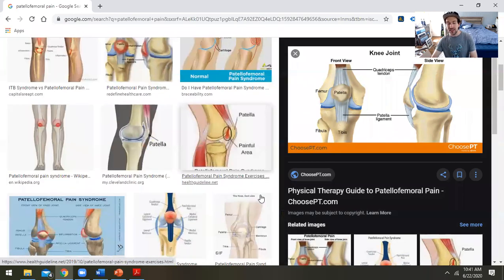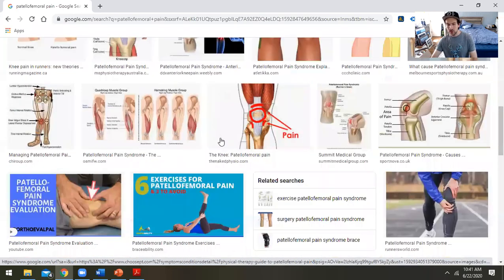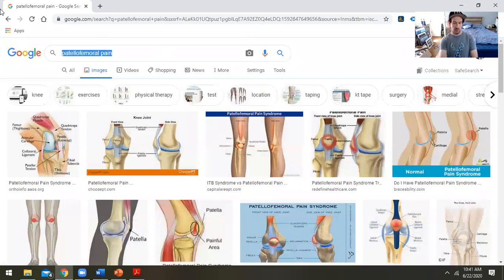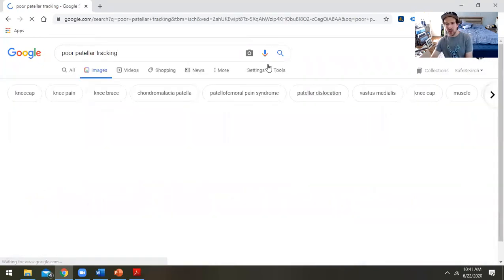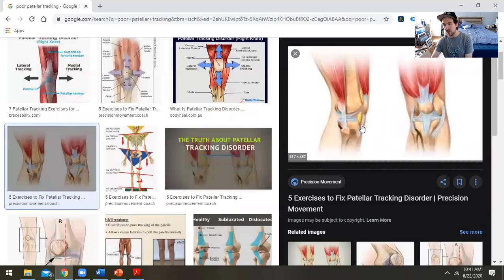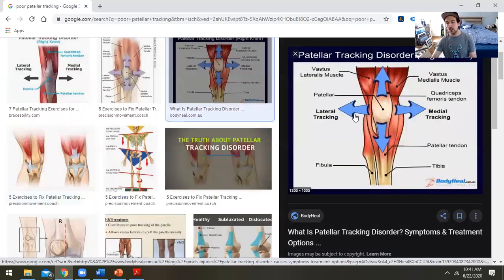But if it gets out of that groove, so if we look at poor patellar tracking, if that starts to move in any of the directions it's really not supposed to, take a look here, it looks like it's grooving on this side, and there's a gap on that side there. Basically, you're being pulled in any of these directions more than any of the other directions.